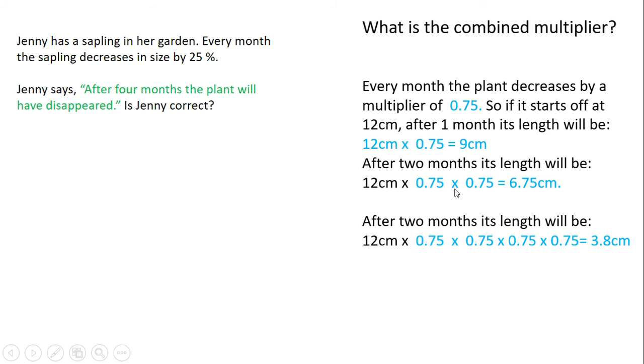We apply the multiplier again and again and again, however many times we need to. And the way we get the multiplier is by looking at how much the amount is decreasing by and taking that off 100%, taking that off from the full amount that the plant was before and coming up with our new multiplier. So this is the multiplier we're applying to the plant every month.